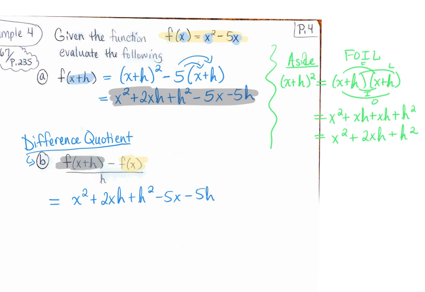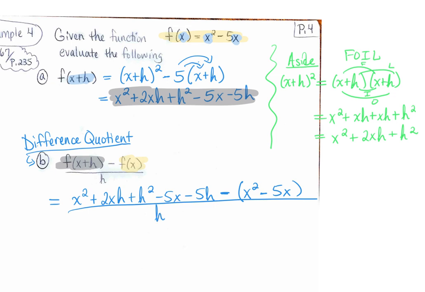And then we, plus or minus? Plus. So minus, careful, we have to make sure we say the quantity so we know to put that in parentheses. Go ahead, minus x squared. Minus 5x. Very good. All of that over h.